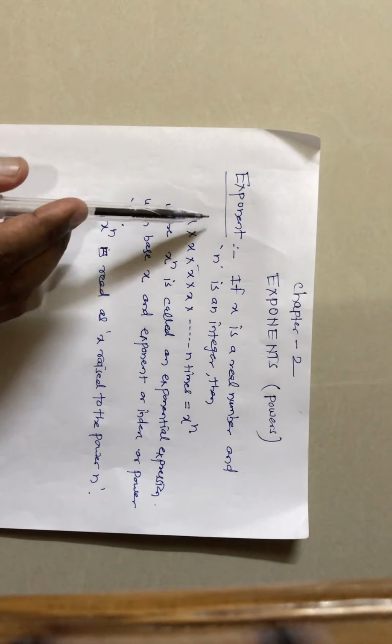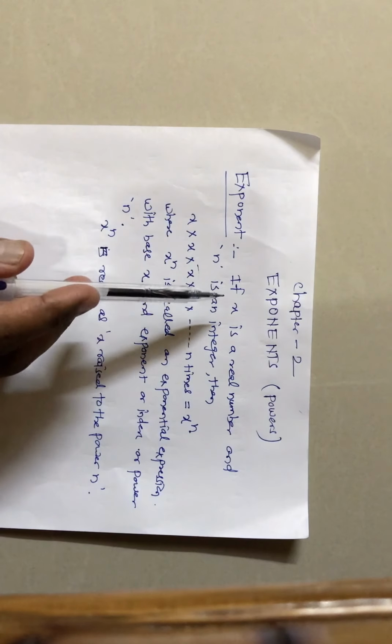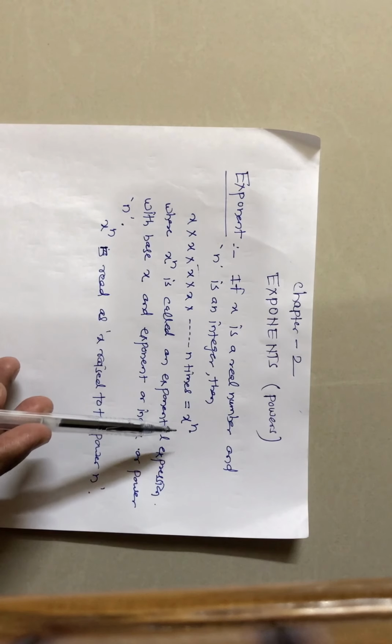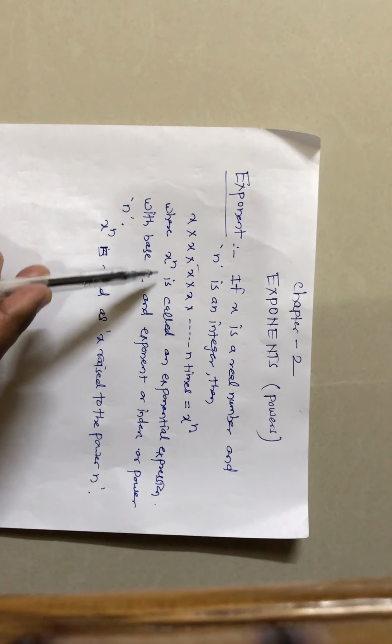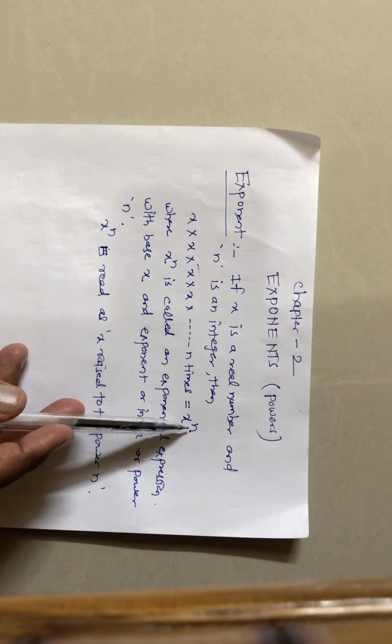Now we'll see first what is meant by exponent. Consider x is a real number and n is an integer. Then x multiplied by x multiplied by x, n times, is equal to x raised to n, where x raised to n is called an exponential expression with the base x and exponent or power or index n.